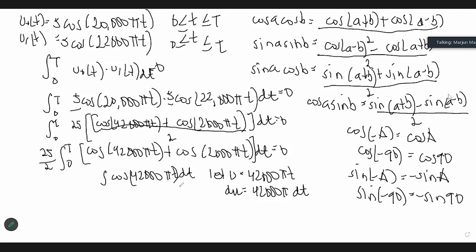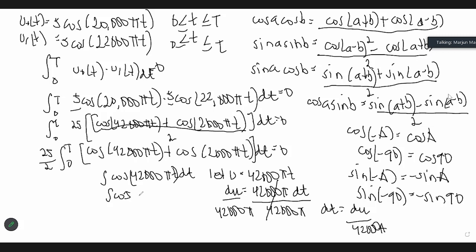Okay? So we need to find the value of dt. So divide both sides by 42,000 pi. So this will be cancelled out and the value of dt is just equal to du over 42,000 pi. Okay, so substitute natin. So this will be integral of cosine, ang value po ng 42,000 pi t ay u, diba?